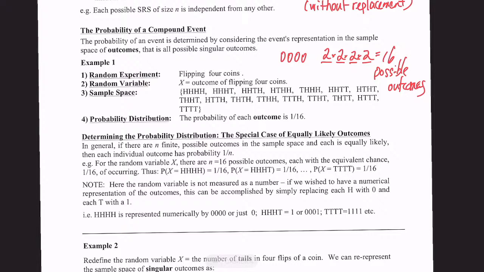So since there's 16, and the probability is equally likely, that must be 1. So that means the probability must be equal to 1 over 16. So the probability of each outcome is 1/16.